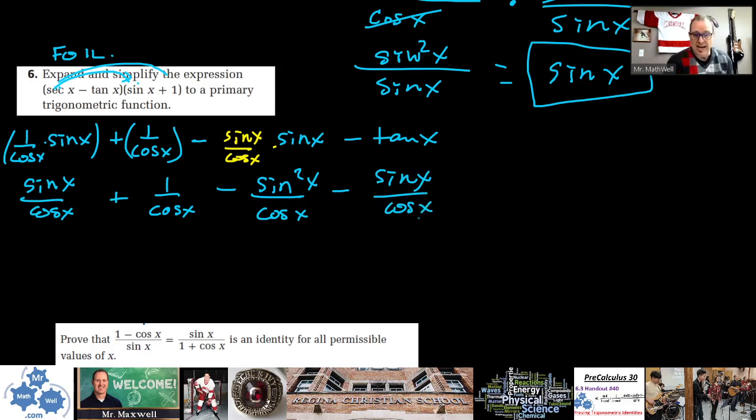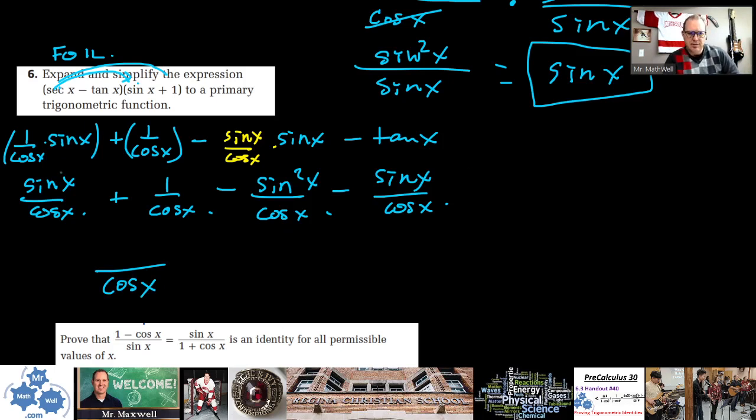So when you do that, see how you can now rewrite things, and we're asking for this to be rewritten as a primary trig function. So that's sine, cos, or tan. Notice how I have a common denominator in all of these. So I can rewrite this as all of this over cos x.